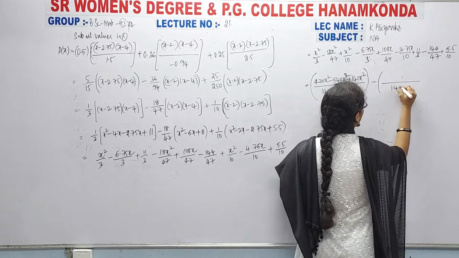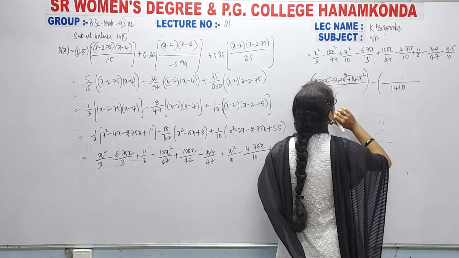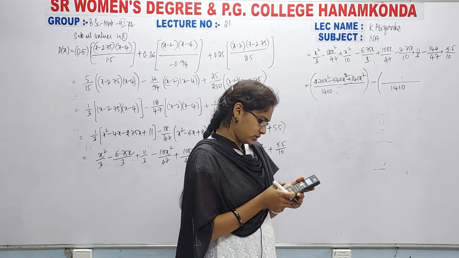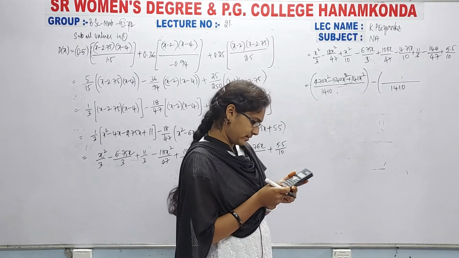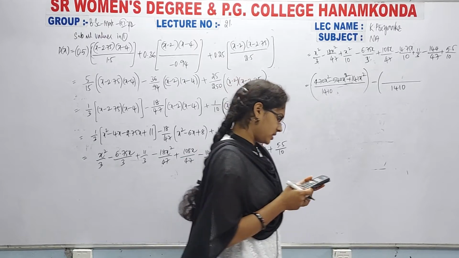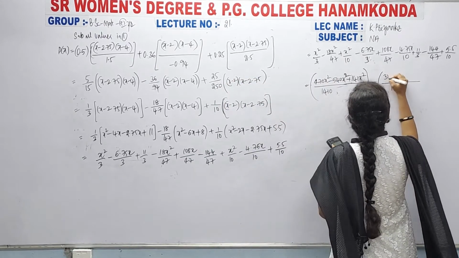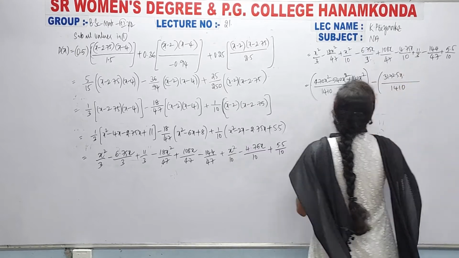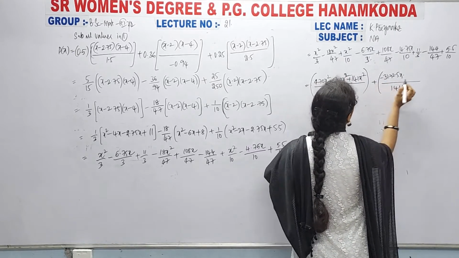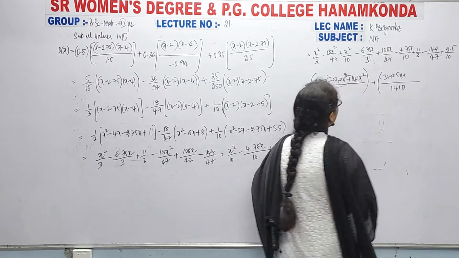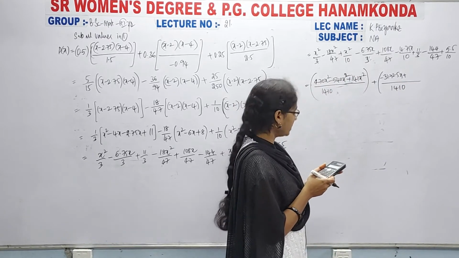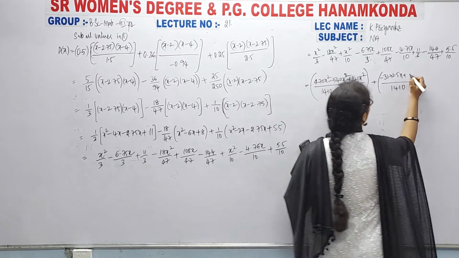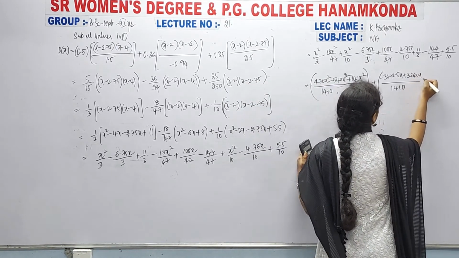Okay, now 1410. Now here we have 3, so 3 means 470 into 6.75, 3172.5 x. Okay, so of course here plus, minus, and next plus. 47 we have, so 108 into 30, so 3240 x.